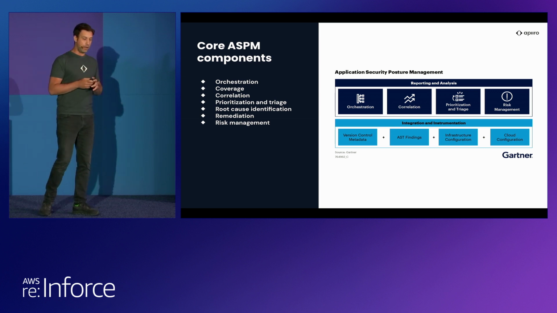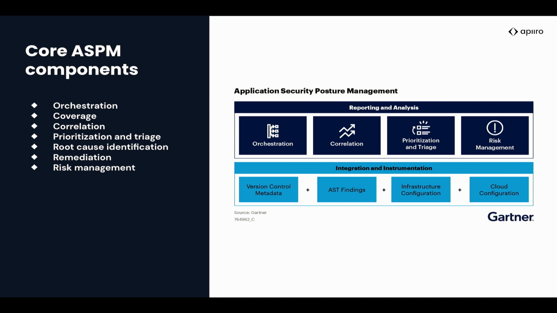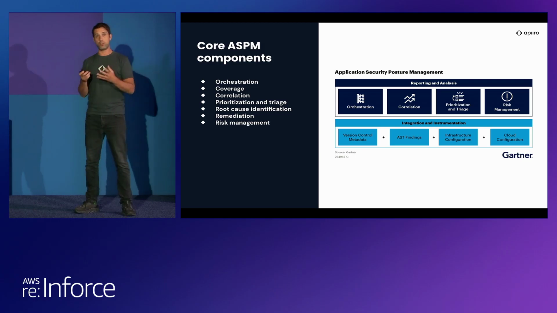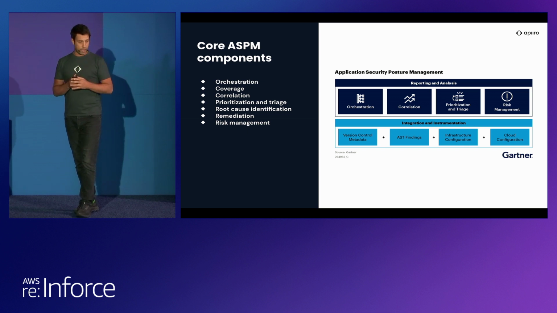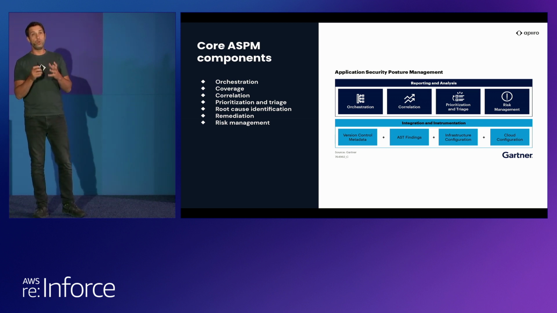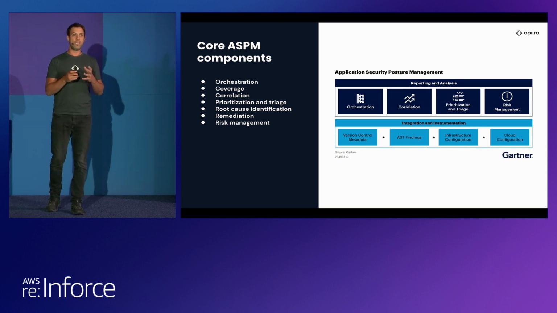What Gartner is saying is that you need one platform that will orchestrate all your existing AppSec tools, map and measure the coverage of these tools, correlate the alerts, and prioritize and triage them in one place based on the root cause analysis of these alerts.